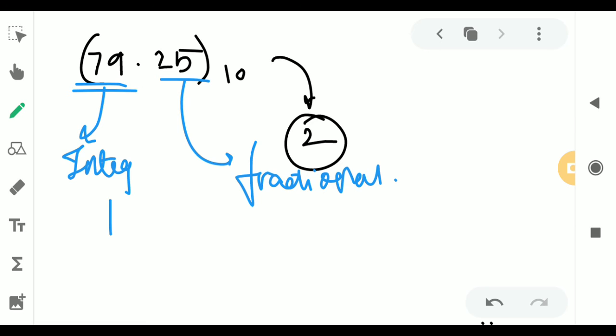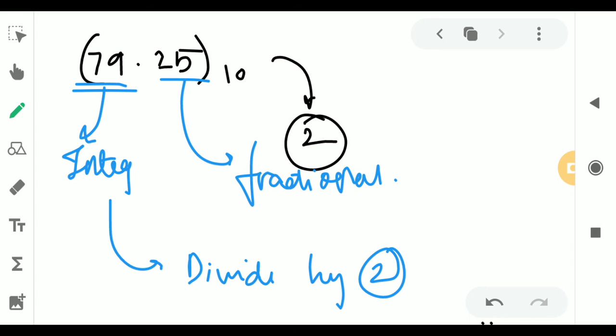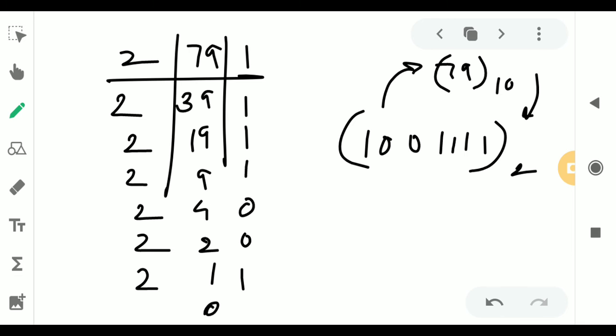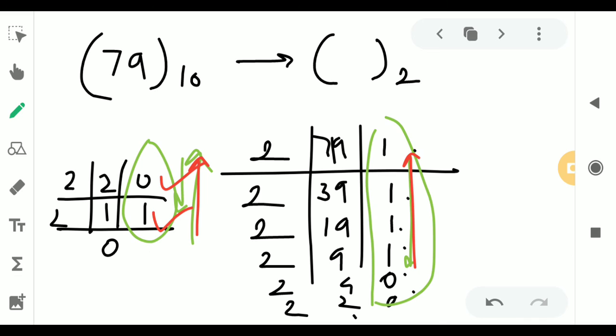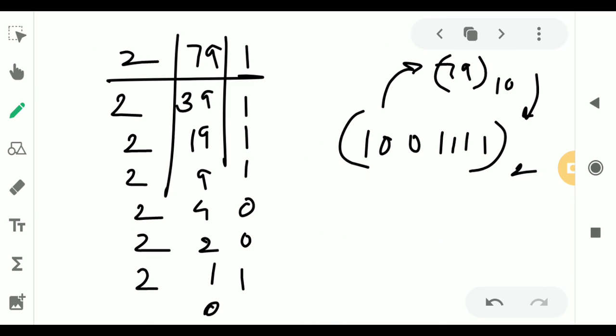For the integer part, we divide by the base, that is, divide by 2 when converting to binary. Collect the set of remainders, look from bottom to top, and the set of remainders will be the number that you're looking for.